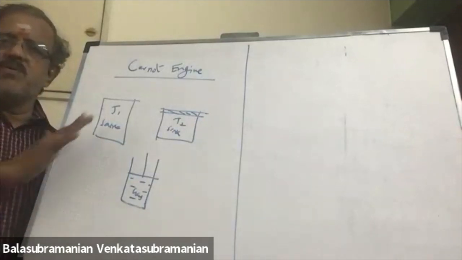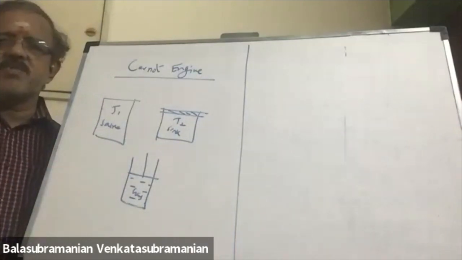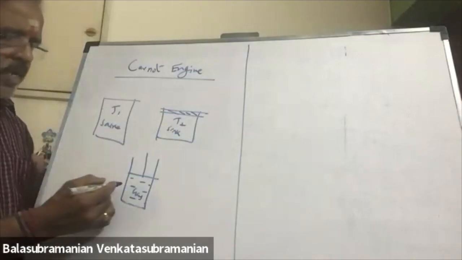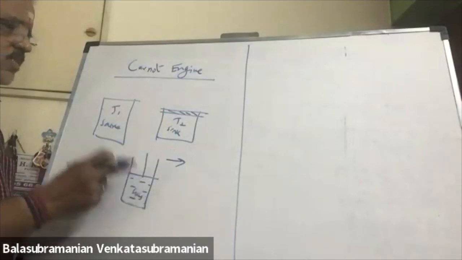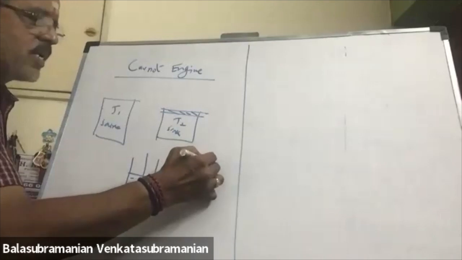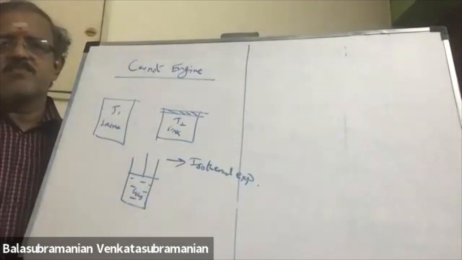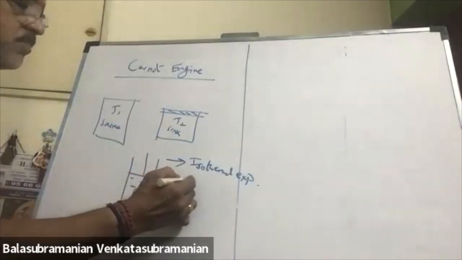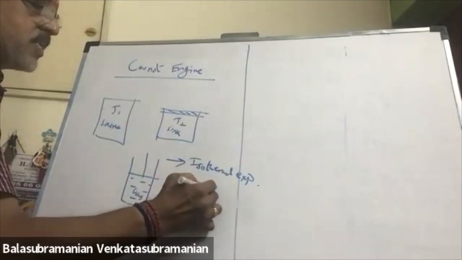For the Carnot engine, we are only going to see the overall principle, not in detail, because it is a big concept. Keep the working substance with the gas on the source: isothermal expansion, stage 1. Second stage, adiabatic expansion.